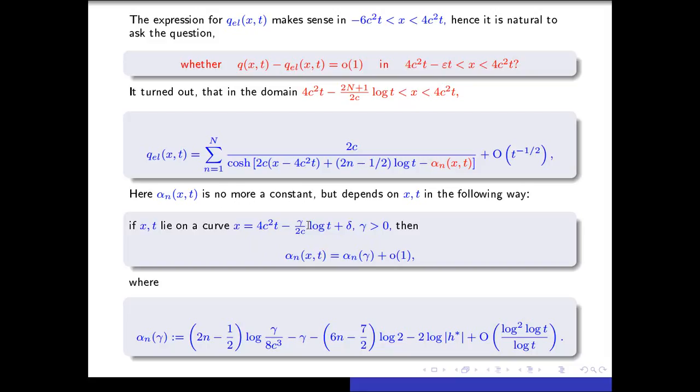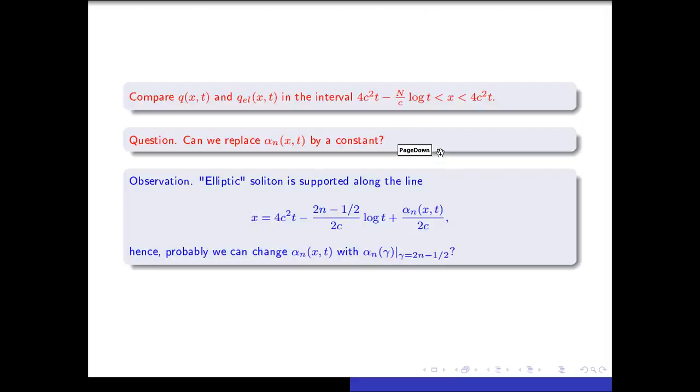In the leading order, these phases are determined only by this constant γ. Hence, we can ask ourselves a question: maybe we can replace this phase α_n(x/t) with some constant, and then each soliton is centered along the following line.